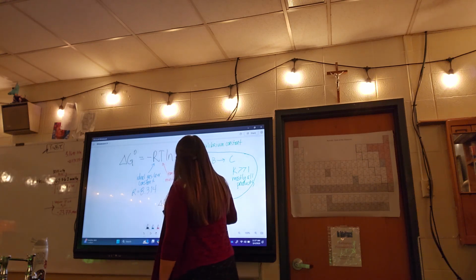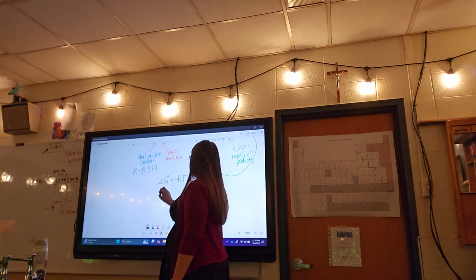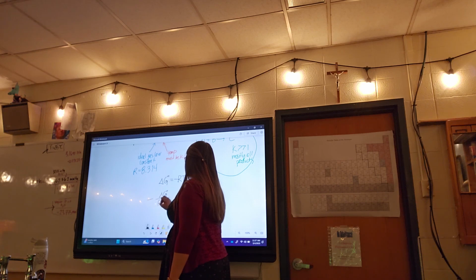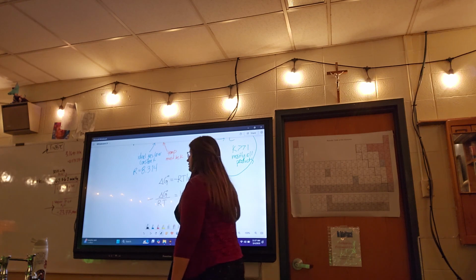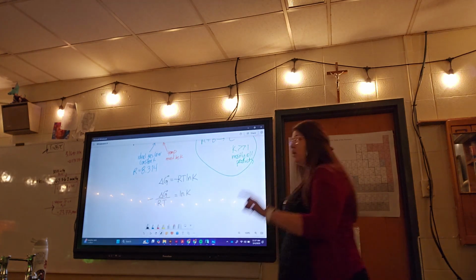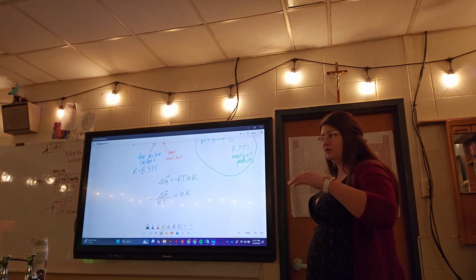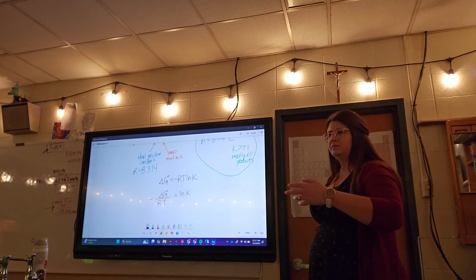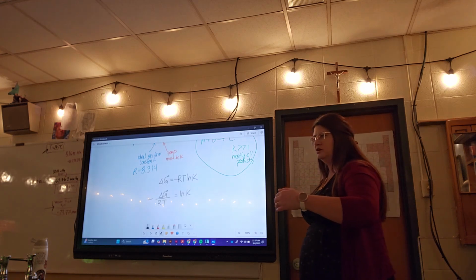The way you would do that involves a little bit of mathing. To solve for K, I have to get K by itself. So I'm going to divide both sides of my equation by negative RT, and that leaves me with ln of K on the right side. Do you know how to undo natural log? Like you undo multiplying by dividing.